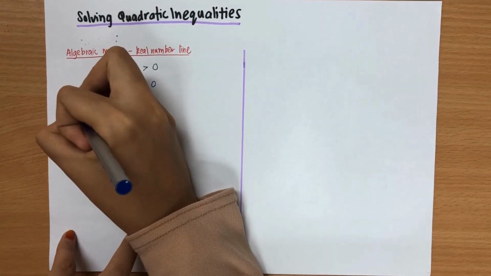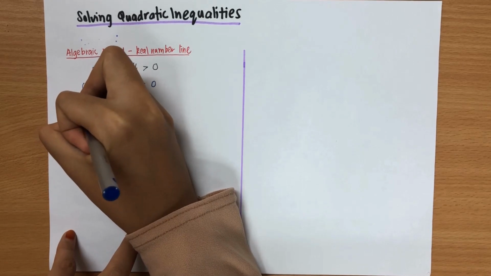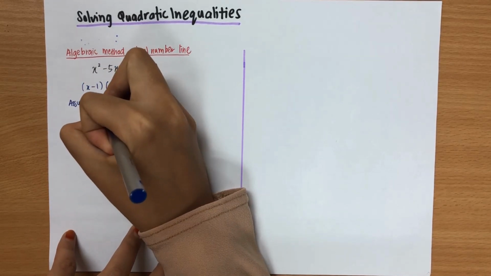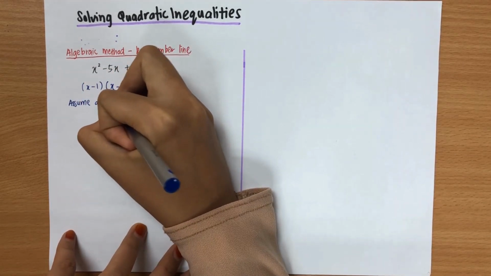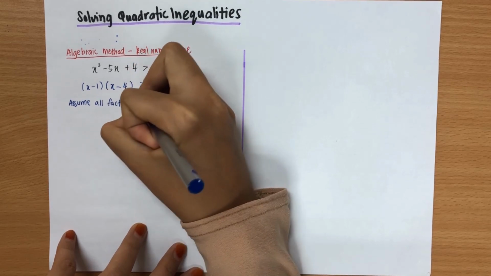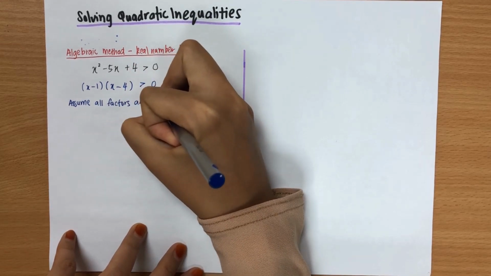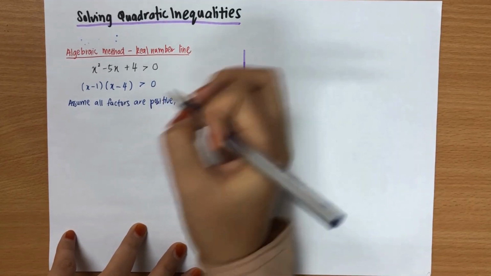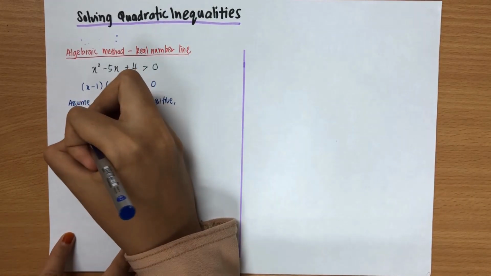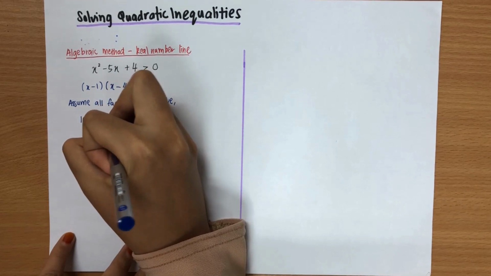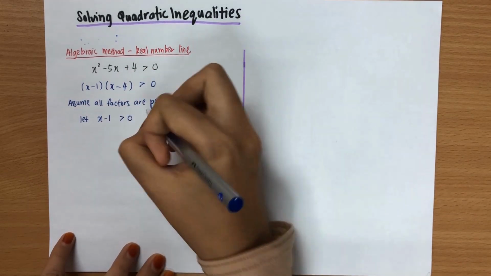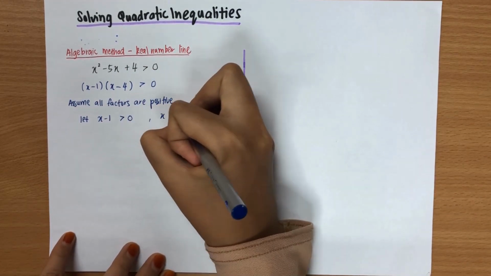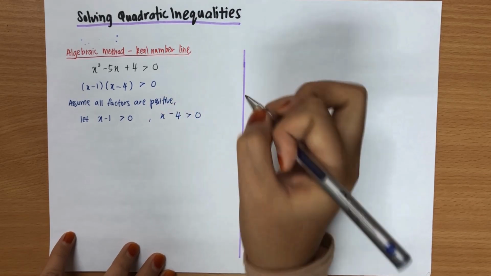Okay, so we will assume that all factors are always positive. Assuming all factors are positive, we will let x minus 1 greater than 0 and x minus 4 greater than 0.